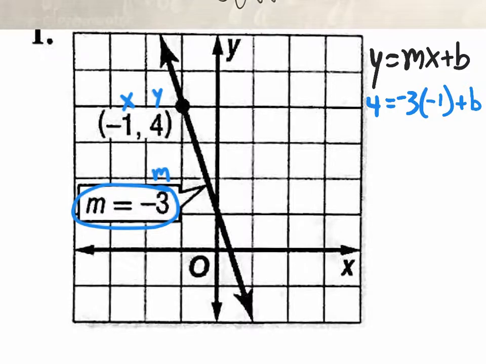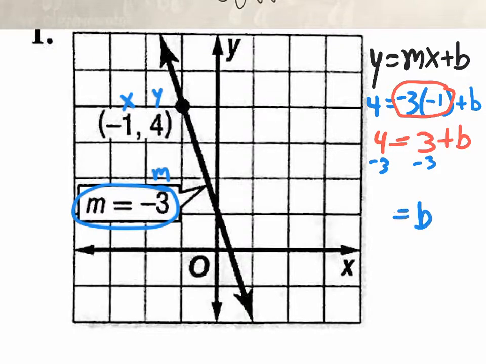So when you do the math, -3 times -1, that's +3. And when you subtract 3 on both sides, you're going to end up with b equals 1, right? Yes. Ladies and gentlemen, we just found b.